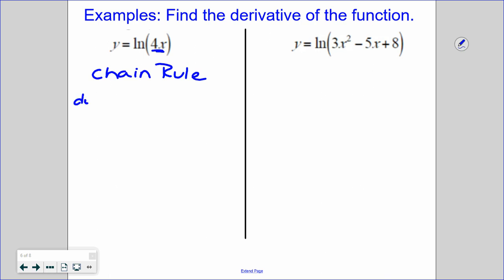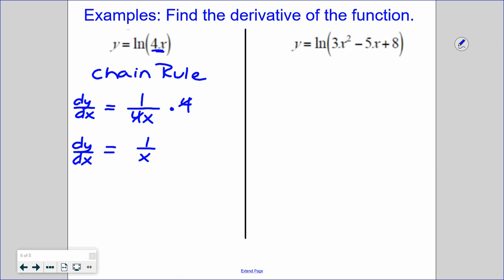So dy dx would equal 1 over 4x, we're replacing the x with 4x, but then times the derivative of 4x, which equals 4. So here, the 4's are actually going to cross reduce, and you're just going to end up with 1 over x anyway. But I wanted to show you the right way to get there. It's technically 1 over 4x times 4.